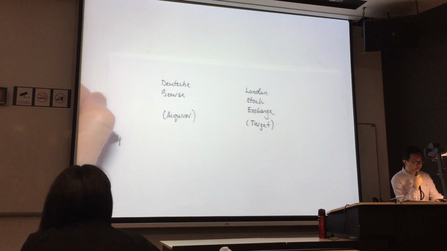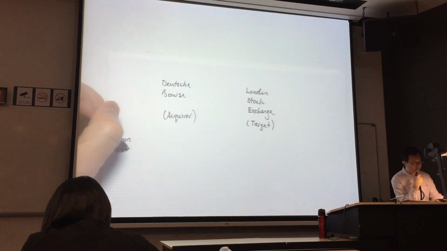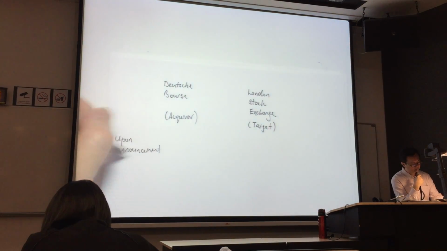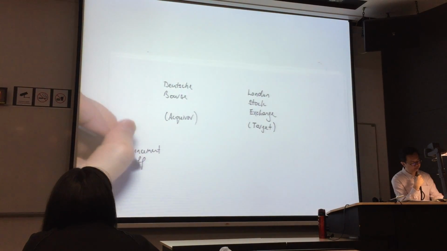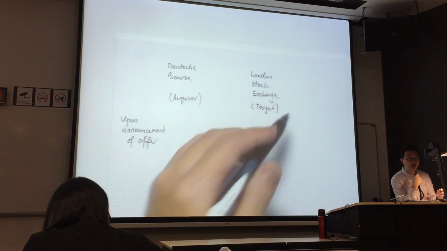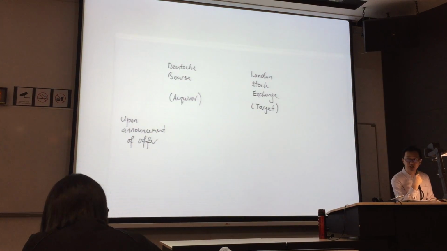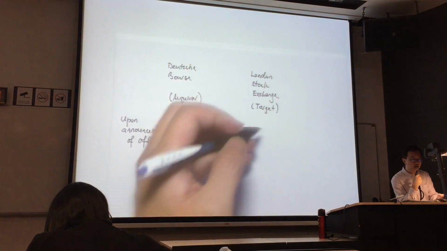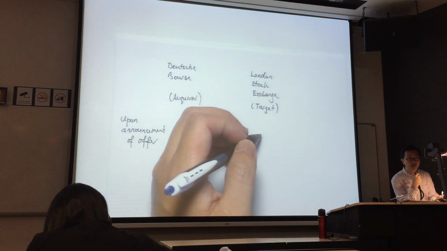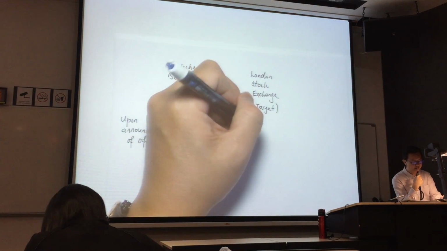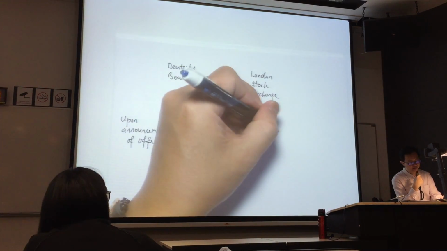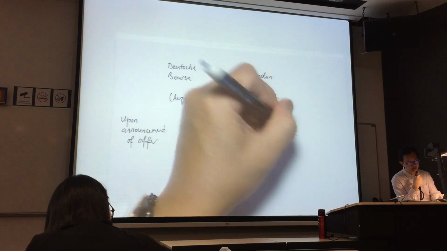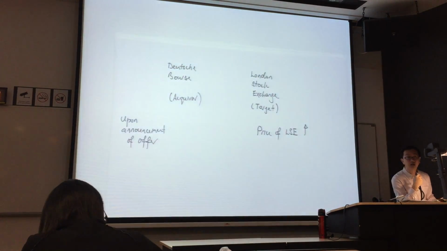So upon announcement of the offer by Deutsche Börse to buy the shares of the London Stock Exchange, to acquire control of the London Stock Exchange, you expect that the London Stock Exchange share price will go up, right? So the share price of LSE has gone up.